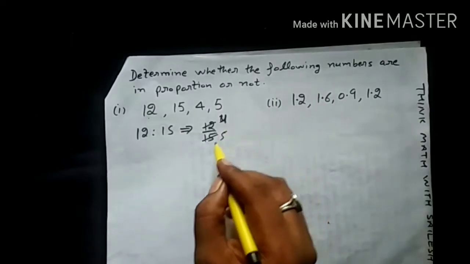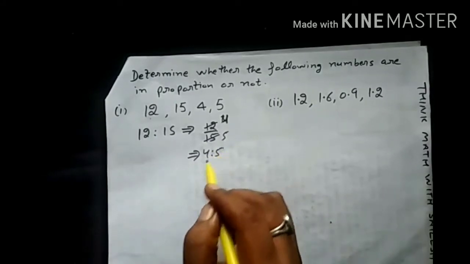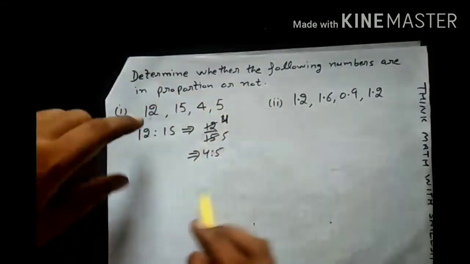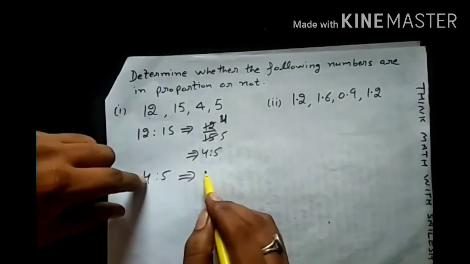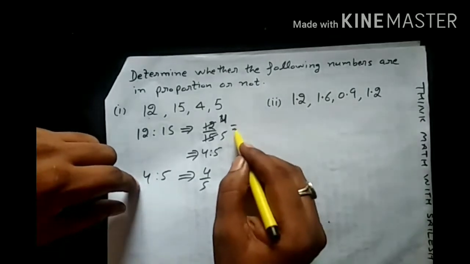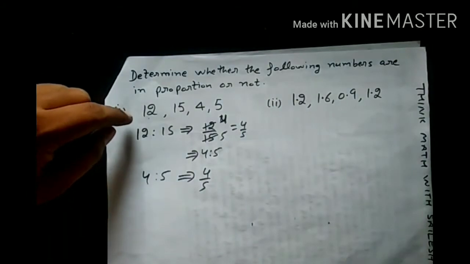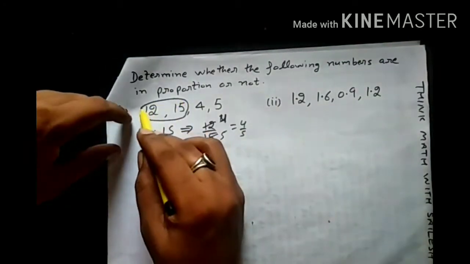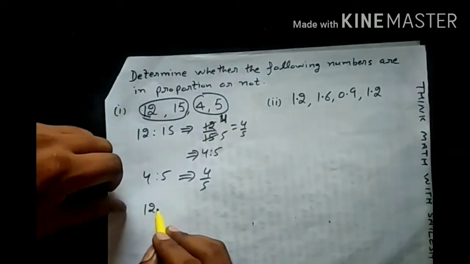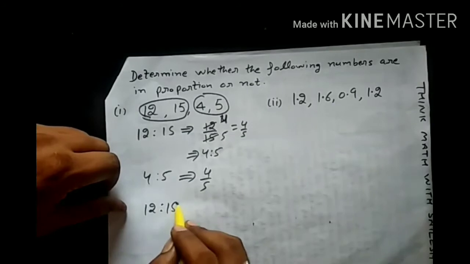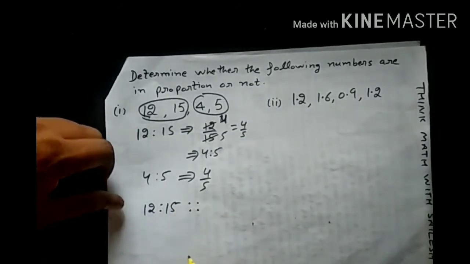On dividing by 3, I am left with 4 over 5. That is converted to the ratio 4 ratio 5. So for the first group of 12 and 15, the answer is 4 by 5. You may see that the last group also represents 4 ratio 5.